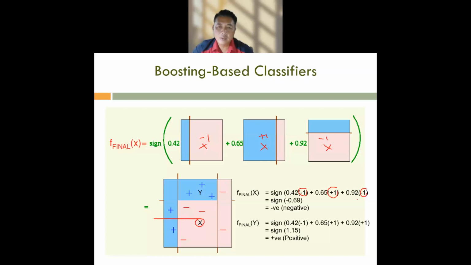Then we add up all this, and we look at the sign. If the sign is negative, that means it belongs to the negative class. Compared to the Y here: this is negative, this is positive, and this is positive. So we just plug in -1, +1, +1. Then we get the sign of positive, and we say this is a positive item. So X and Y are considered as new items.